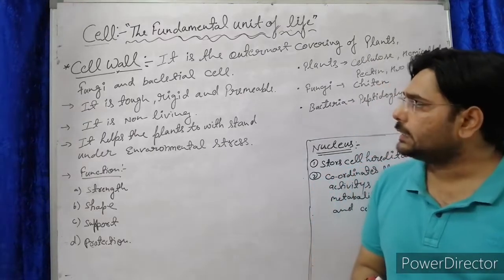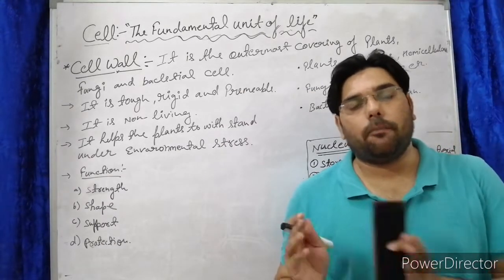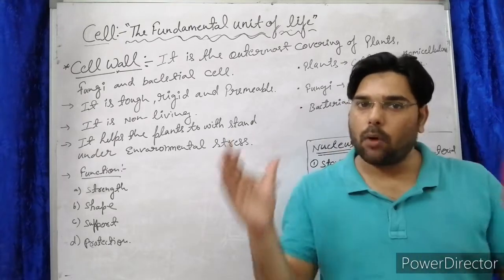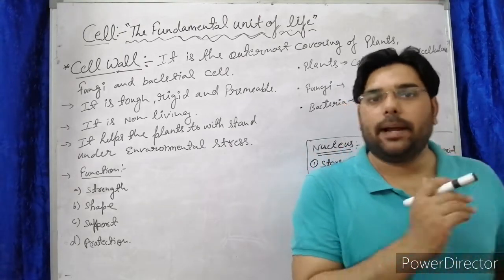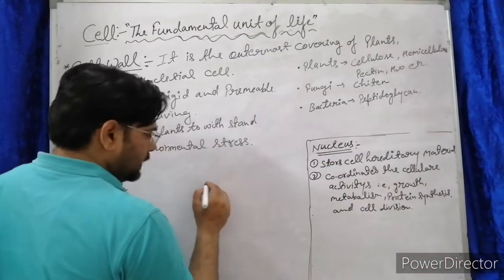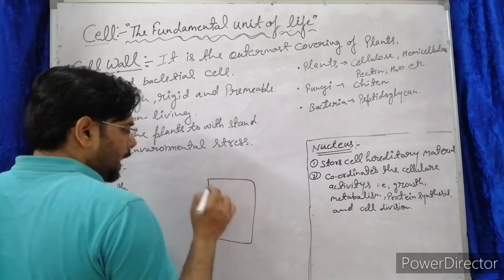Now, what is cell wall? Cell wall is the outermost covering of plant, fungi and bacterial cell. Suppose this is a plant cell.